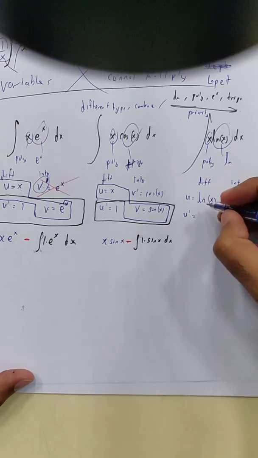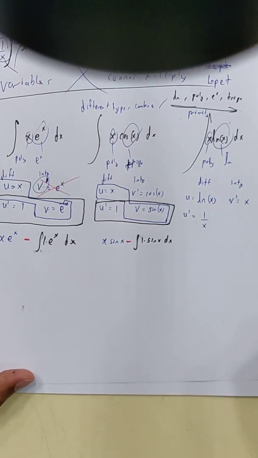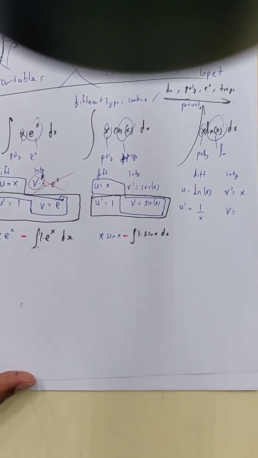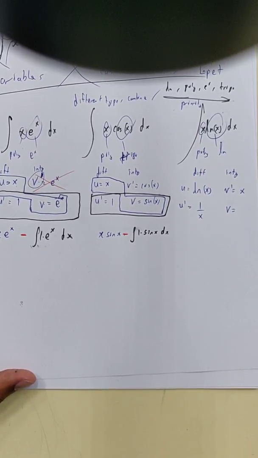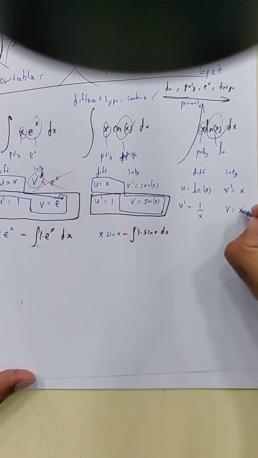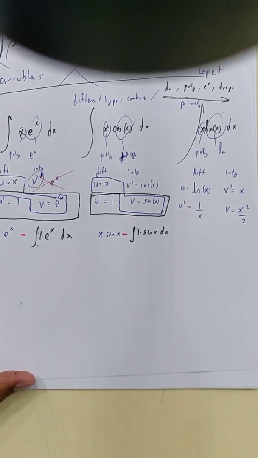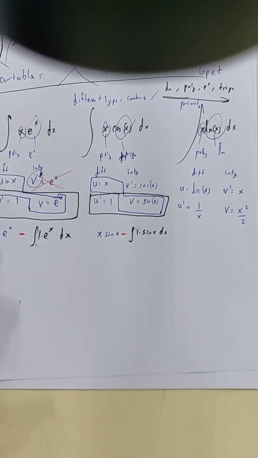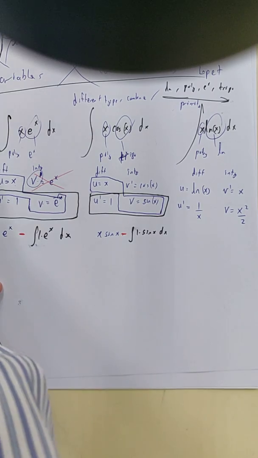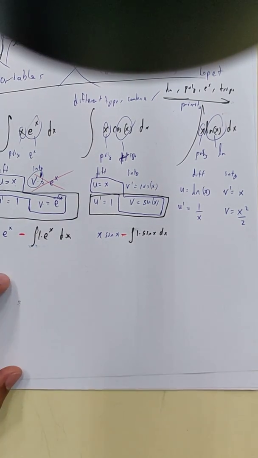So u prime is 1 over x, v is integrating x, x squared over 2. You okay? So how do I combine them?